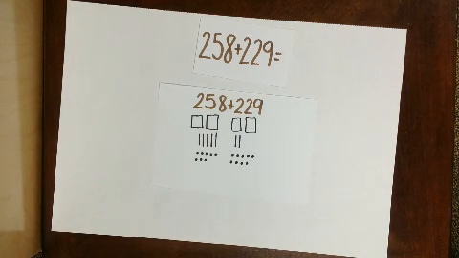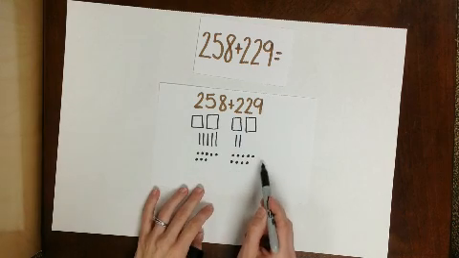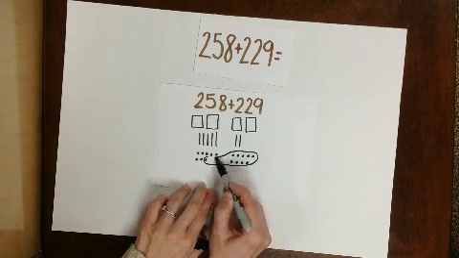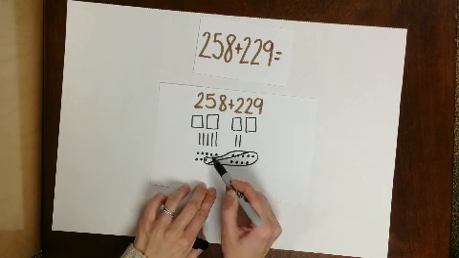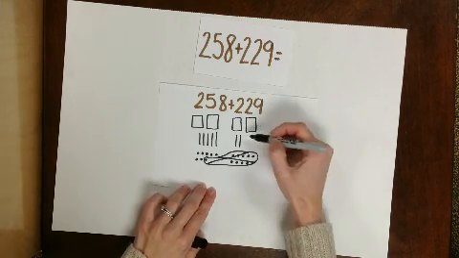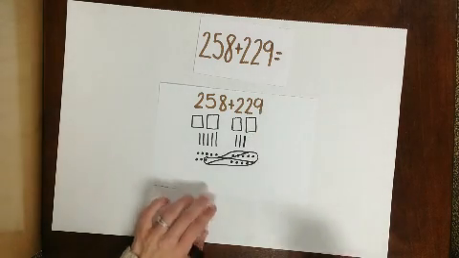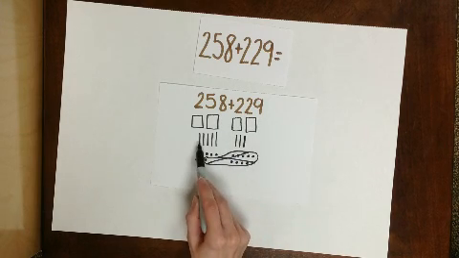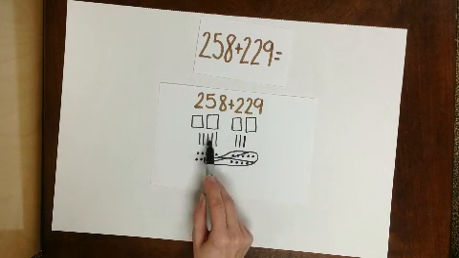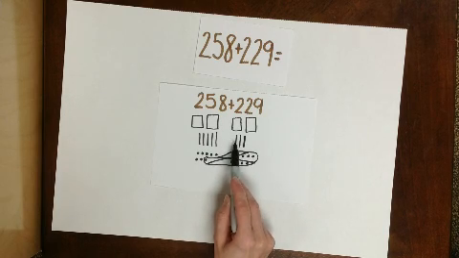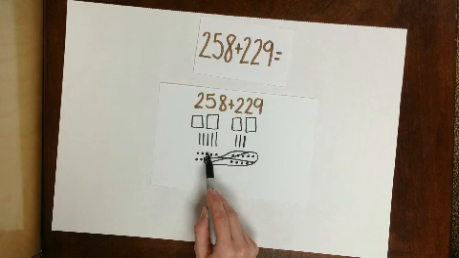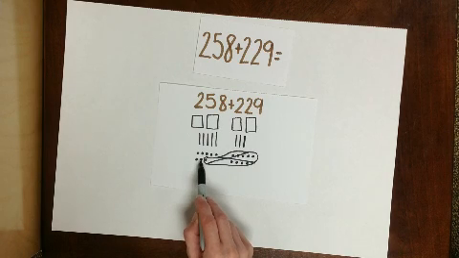Just like we did with the base 10 blocks, we can compose a 10. I notice that I have 9 ones, so I only need one more to compose a 10. I'll take those 10 ones and add it to the 10s. 100, 200, 300, 400, 410, 420, 430, 440, 450, 460, 470, 480, 481 through 487.